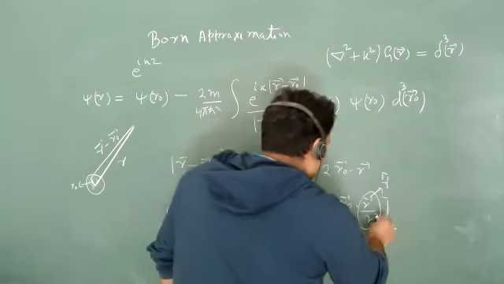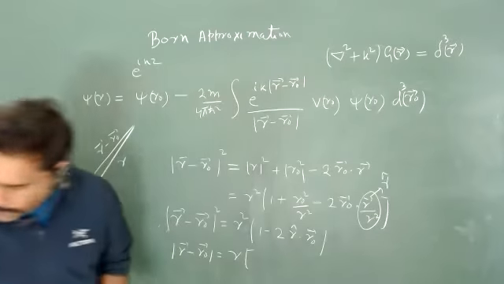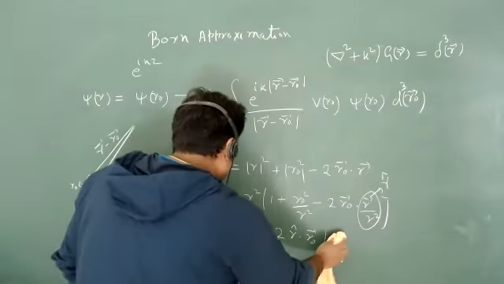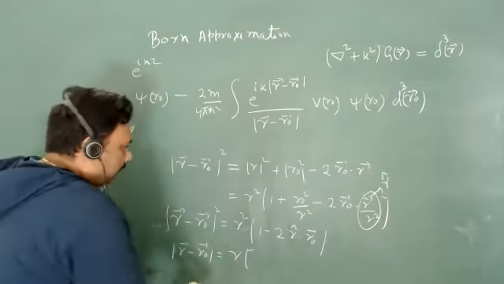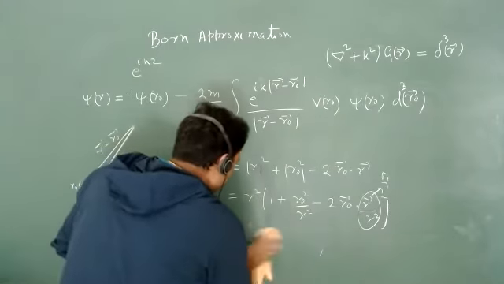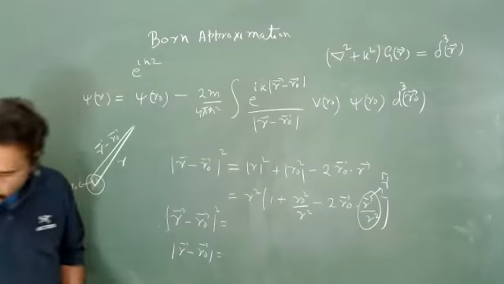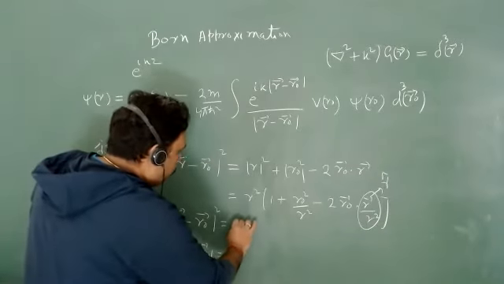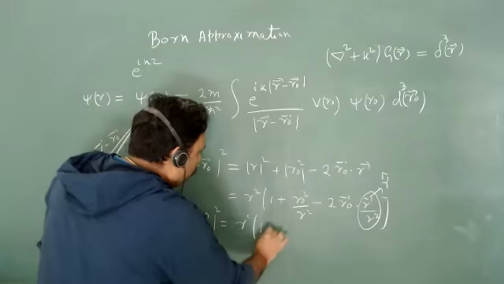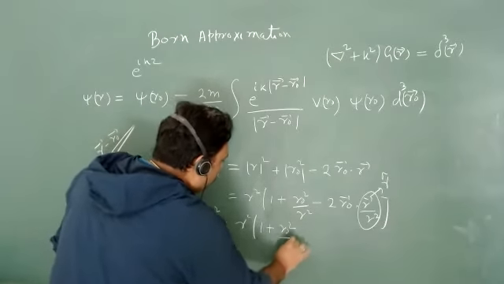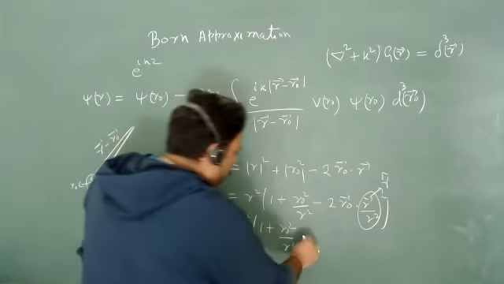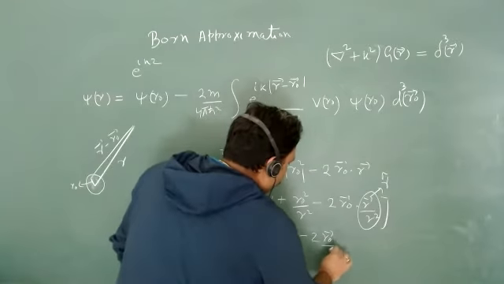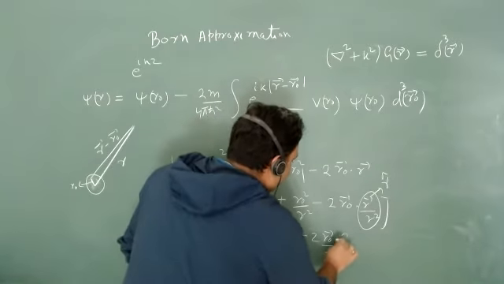Yes, this by r squared. So I can write this vector, r minus r naught whole square, as r squared times 1 plus r naught squared minus 2 r naught by 1 r and r cap. Now it is correct, right?